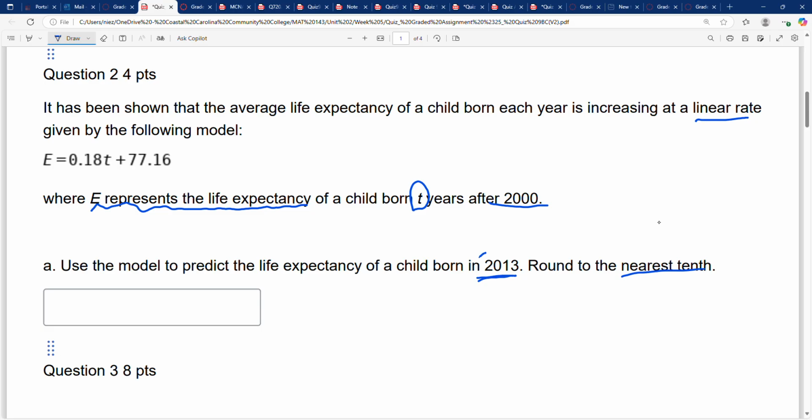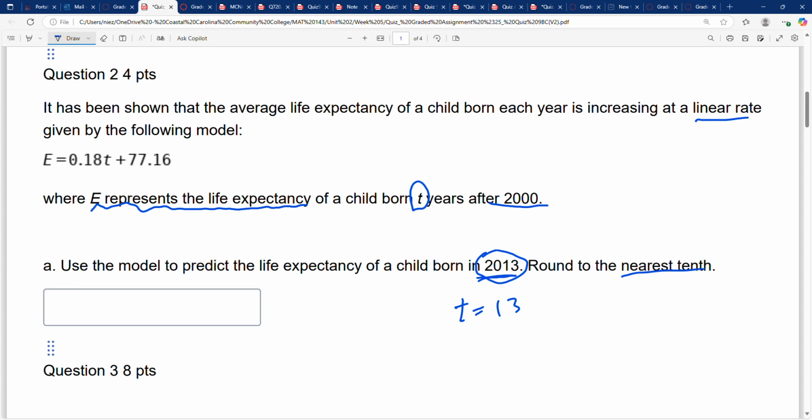That means t is 13, because 2013 is 13 years after 2000. And you know the life expectancy will become bigger and bigger because the quality of life is getting better and better.